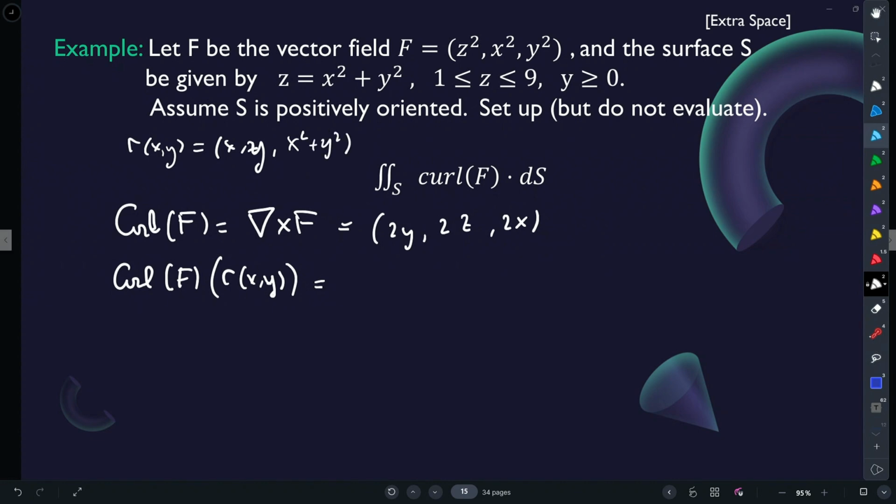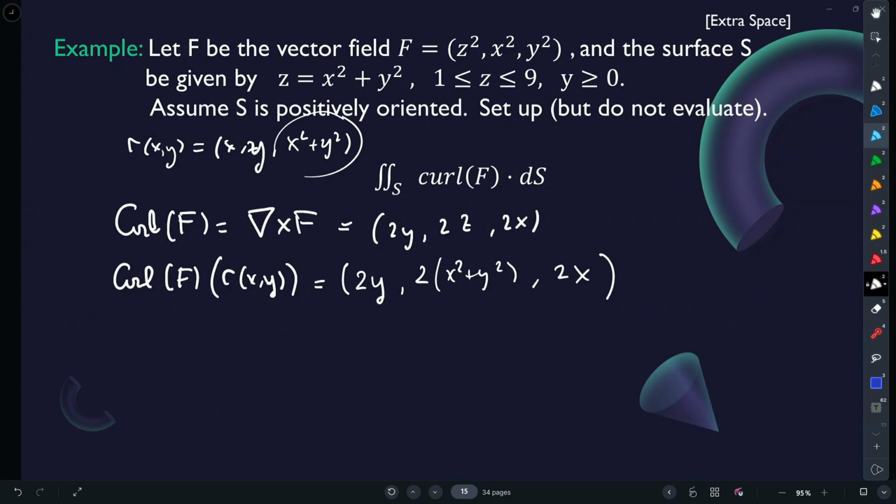So now I plug this in, and what I get is 2y, since y is y. Then 2z, but here the z value is x squared plus y squared. And 2x, the x coordinate is the x coordinate, so I just get 2x.